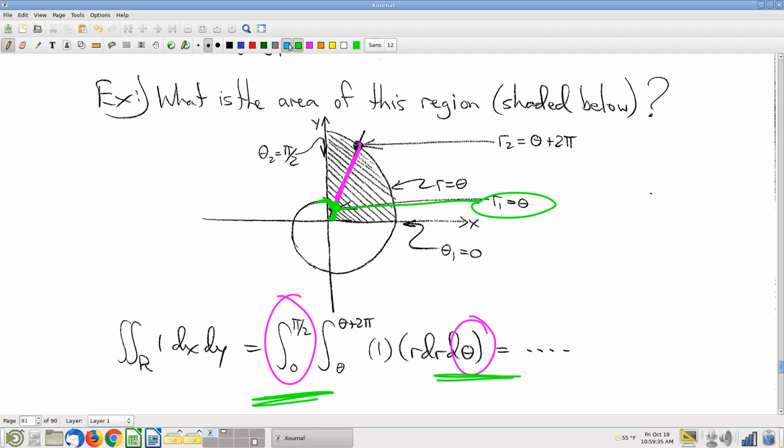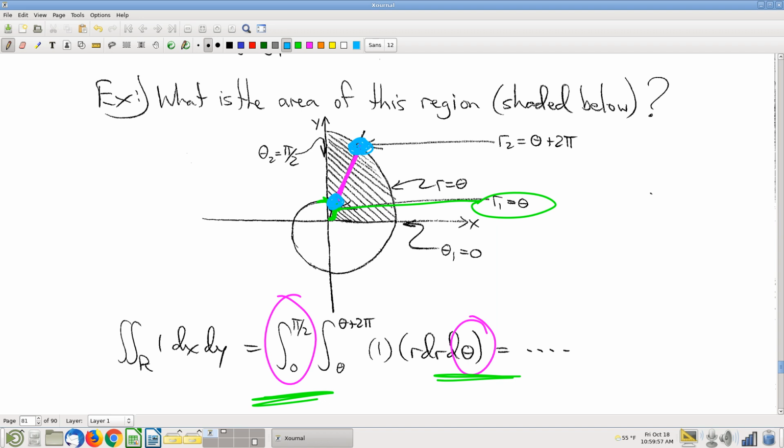Whereas, not so for this ending value, right? It's on this curve, but it's on that curve for values of theta that have already gone a whole extra turn around. The value of r here is not the same as the value of r there.